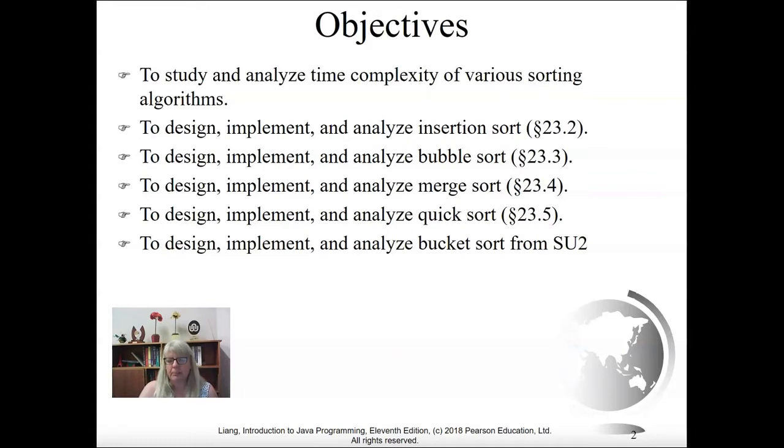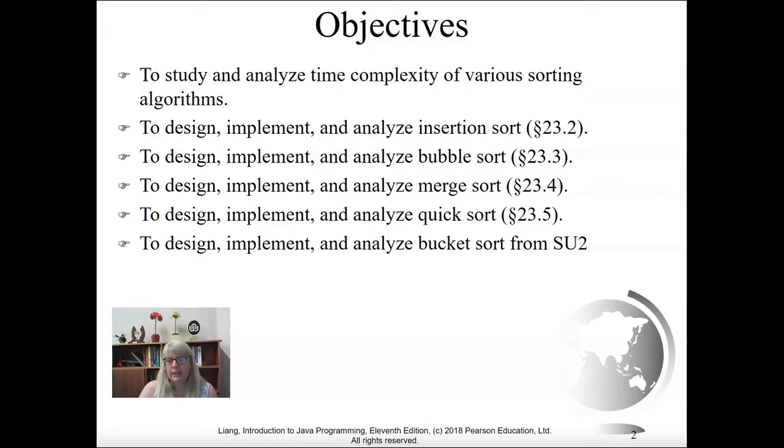So if you can do this, you can tick 10 marks in the exam. So once again, what's your aim? Your aim is to be able to draw a diagram to indicate how a certain strategy or algorithm will sort given numbers. We are going to do 5 strategies: insertion, bubble, merge, quick, and bucket sort.